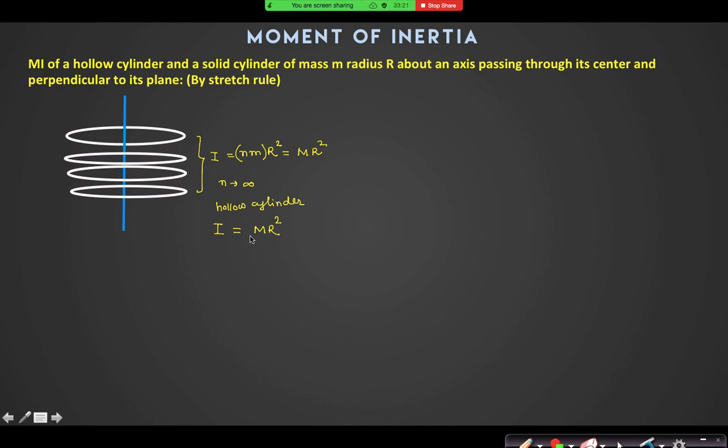Or in other way, we can say that if we have a ring and if we stretch that ring parallel to the axis of rotation, it is the axis of rotation, and I have stretched that ring parallel to the axis of rotation, what will I get?